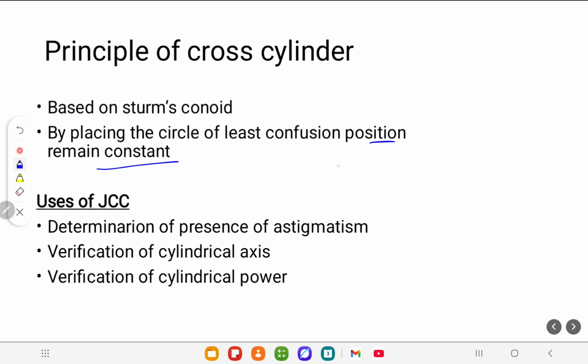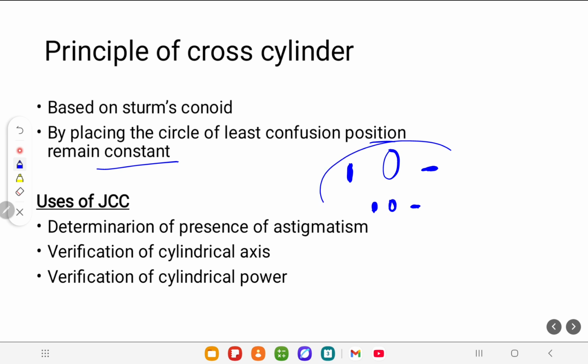Another thing: whenever the two meridians are separated largely, the size of the circle of least confusion increases. Whenever the two meridians come closer, the size of the circle of least confusion becomes smaller.